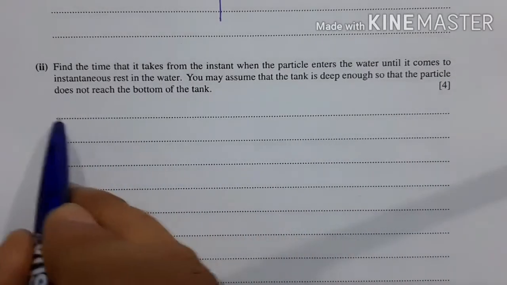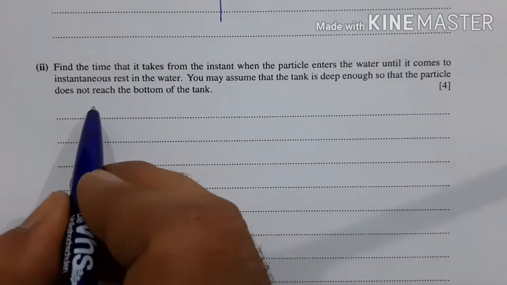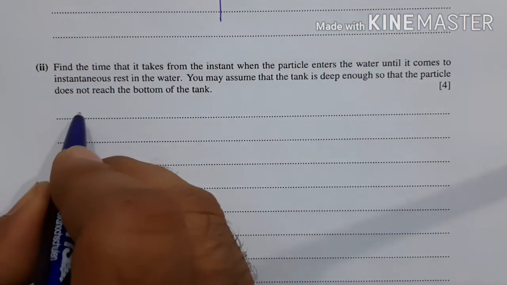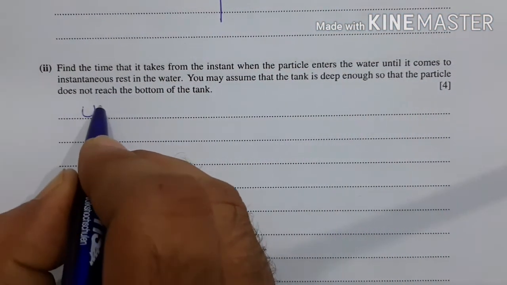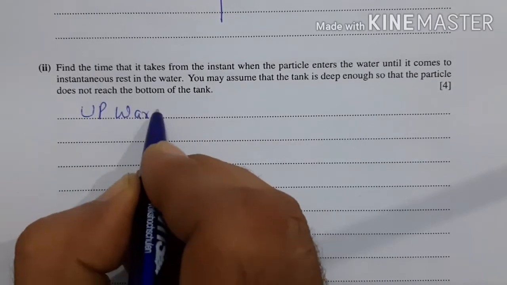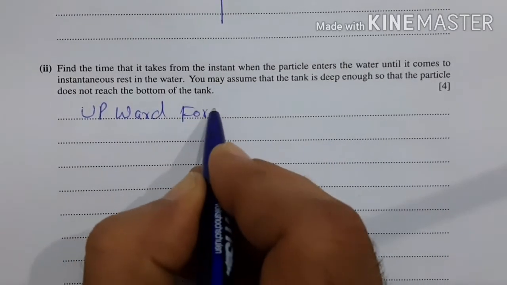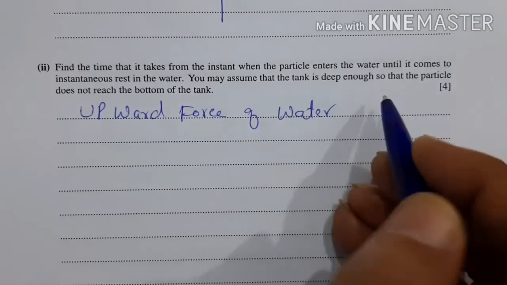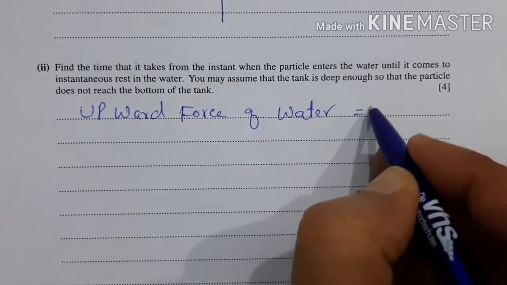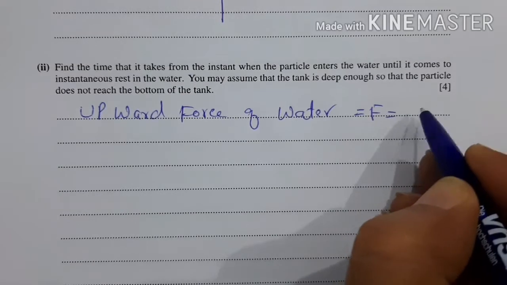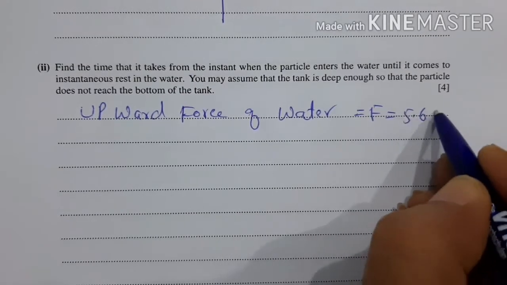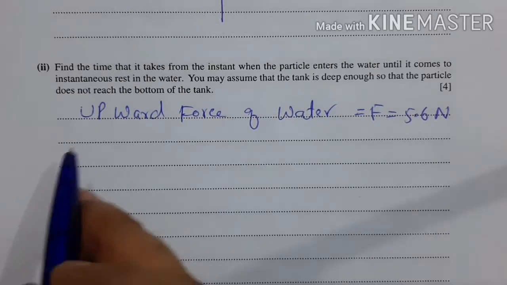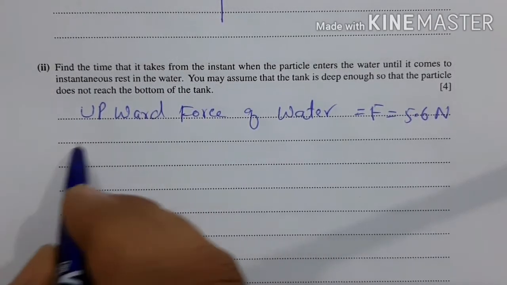Okay, now for this we need one thing, which is the upward force of water, that is 5.6 newtons, which is given in the question. So we'll use this in this part.